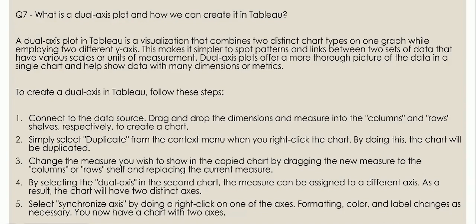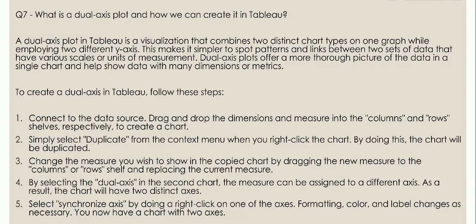To create a dual axis in Tableau, follow these steps: connect to the data source. Drag and drop the dimensions and measure into the columns and rows shelves, respectively, to create a chart. Simply select Duplicate from the context menu when you right-click the chart. By doing this, the chart will be duplicated. Change the measure you wish to show in the copied chart by dragging the new measure to the columns or rows shelf and replacing the current measure.